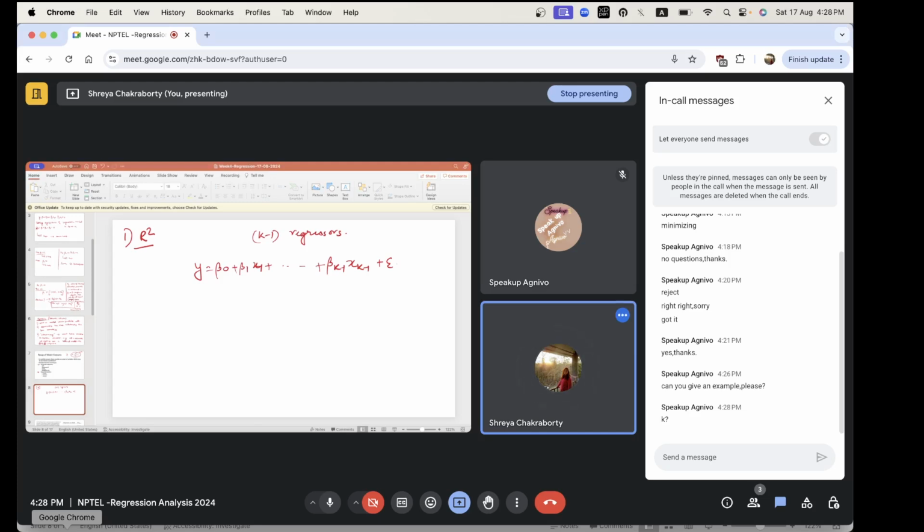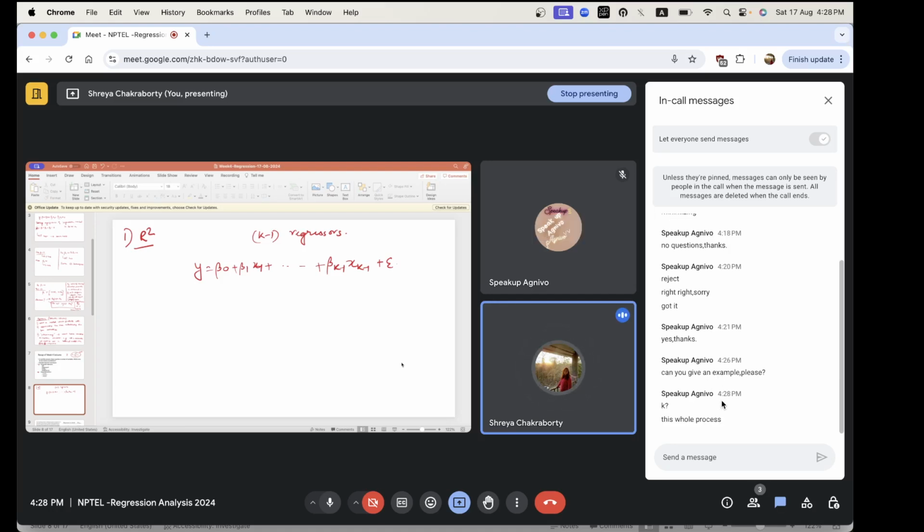K. Can you give an example? Which example do you want? Please feel free to unmute yourself and speak, since there's nobody. Yeah. Which example do you want?